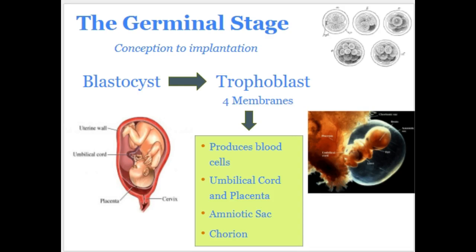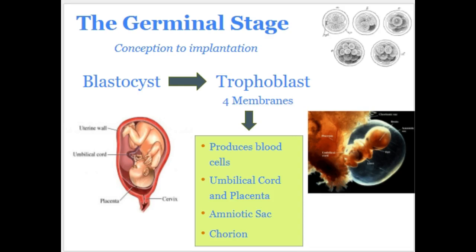So after the sperm fertilizes the egg and conception or fertilization takes place, a new cell is formed, and that is called a zygote. At that point, the beginning of prenatal conception starts with the germinal stage, and this stage lasts about 2 weeks from conception to implantation. That zygote, that single cell starts the process of cell division and starts doubling and doubling and doubling.